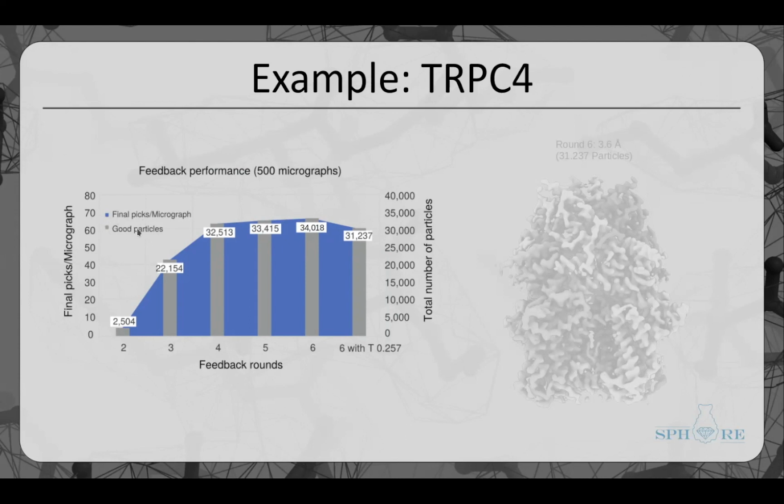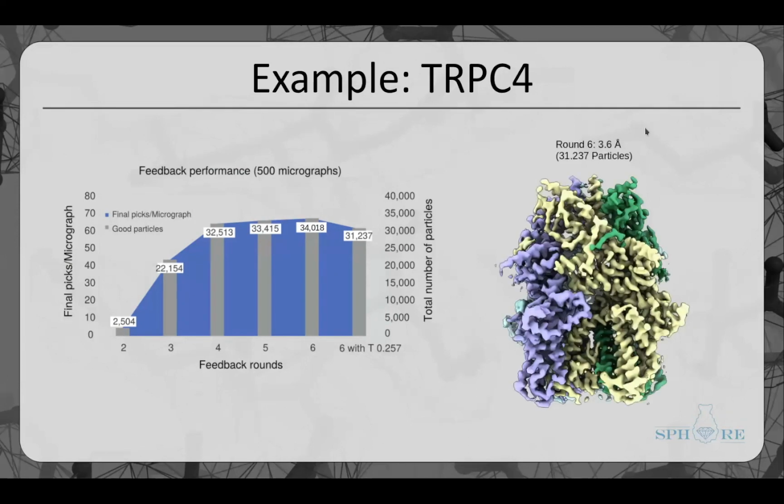And when I say good, I mean good in the sense of Cinderella classified it as good. If we then use those good particles to calculate a reconstruction, we also get a pretty good resolution on 500 micrographs. So with 30,000 particles, we get a 3.6 angstrom structure.